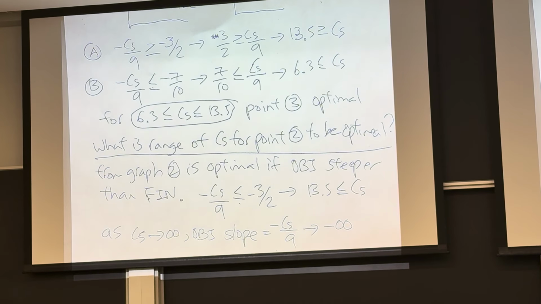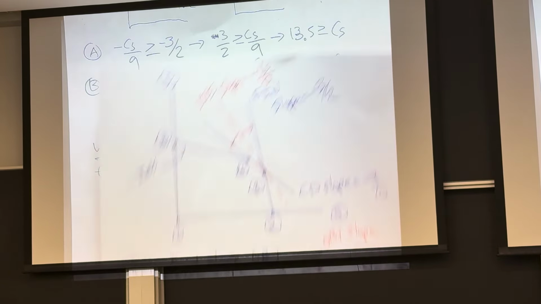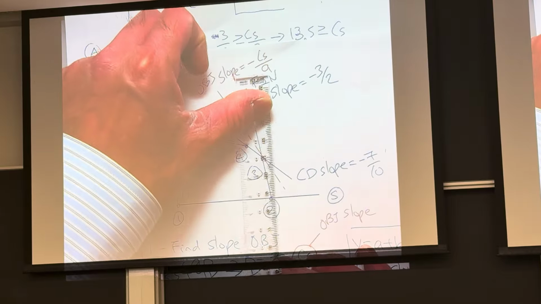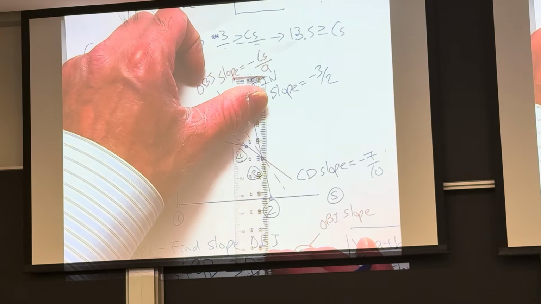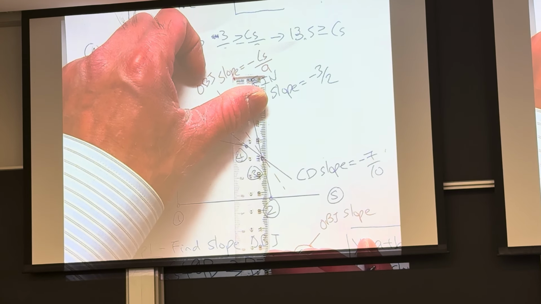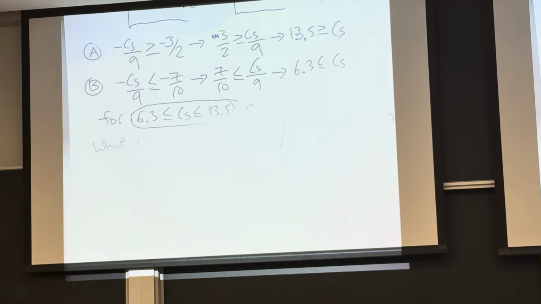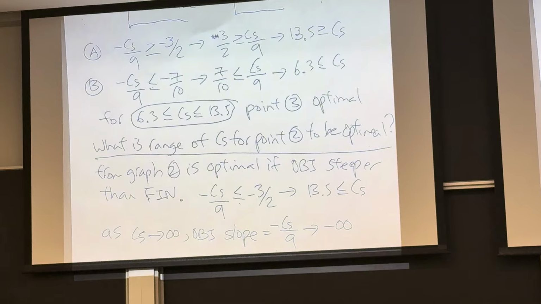But you can see that even when it becomes fully vertical at minus infinity, you still have a tendency to move out, all right? So 2 is still the optimal solution, okay?